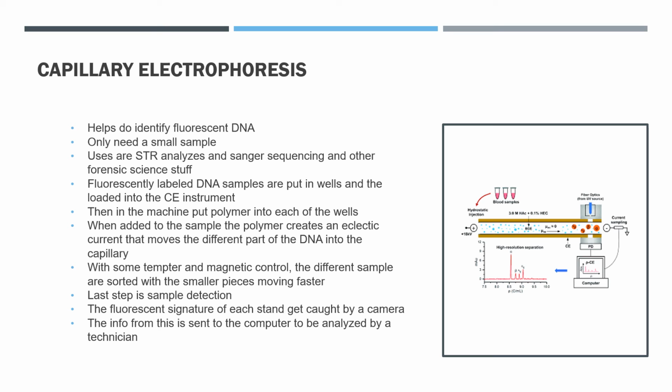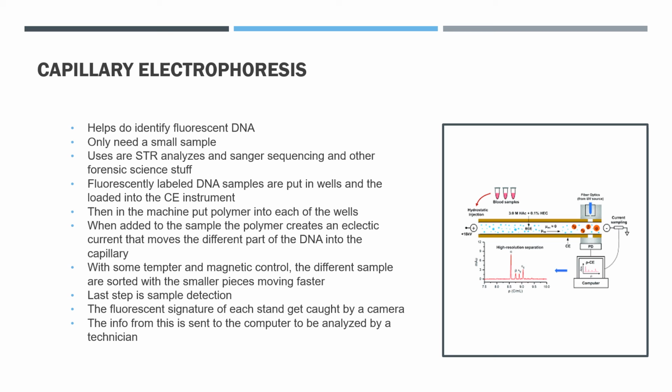Electrophoresis. Labeled DNA samples are put into wells and then loaded into the capillary electrophoresis instrument. Then the machine puts a polymer into those wells. This polymer helps do some magic, quote unquote, and it will react with the DNA in there, moving the DNA fragments forward.